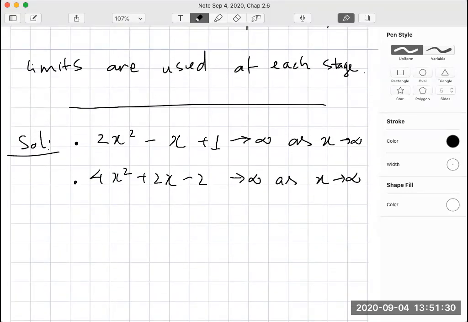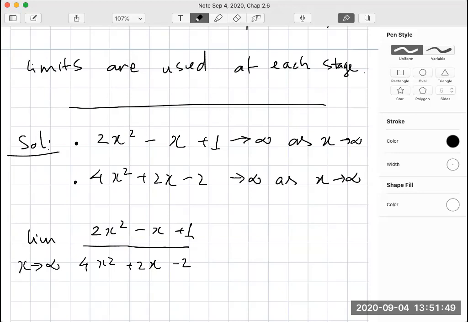Look at this. Now, let us rewrite the question: 2x squared minus x plus 1 divided by 4x squared plus 2x minus 2. When x approaches infinity, the highest order of the numerator is 2x squared, a polynomial of degree 2. The denominator is a polynomial of degree 2 as well.